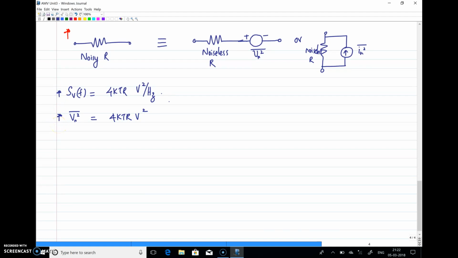One is average power and the other is power spectral density. Average power is expressed in volt square and power spectral density is average power measured per unit hertz bandwidth. So SV of f is basically Vn square bar at unit hertz bandwidth. This is also a very important relation.